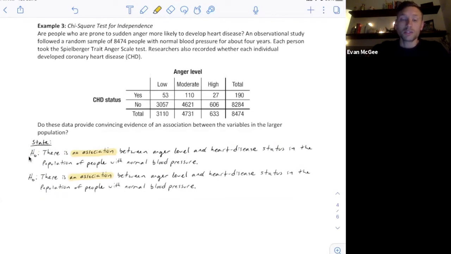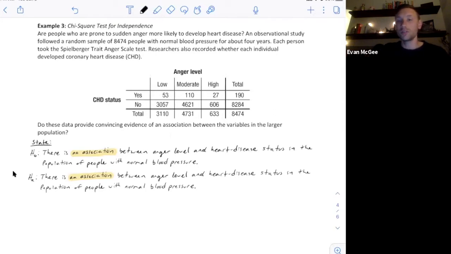Our null hypothesis is that there is no association between anger level and heart disease status in the population of people with normal blood pressure. And we can only say this about people with normal blood pressure because that's who was involved in this observational study. The alternative is that there is an association between anger level and the heart disease status of the population of people with normal blood pressure.